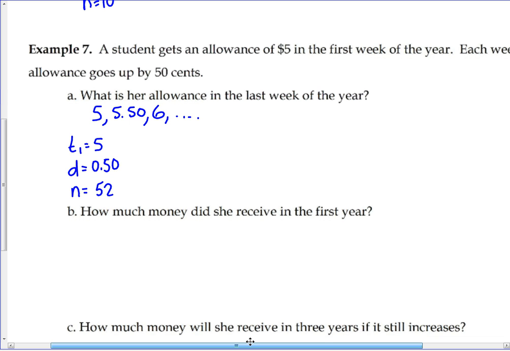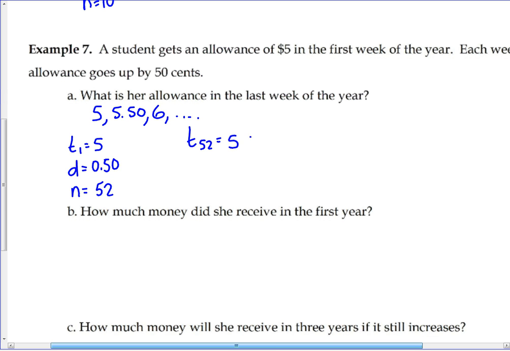Now, are we summing the terms together? Am I looking for S of 52 or T of 52, term 52? Term 52. We're not looking for the sum of all her allowances. We're just looking for how much money she got the last week. T52. So this should be straightforward.